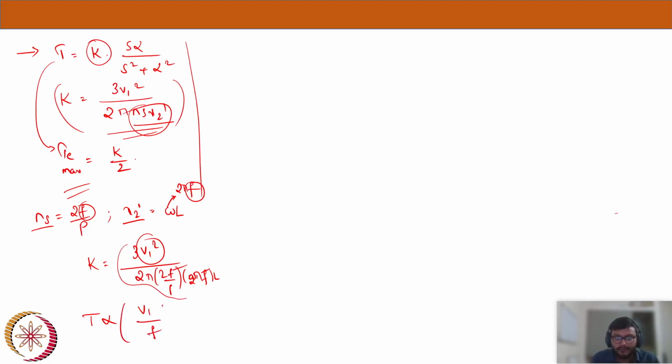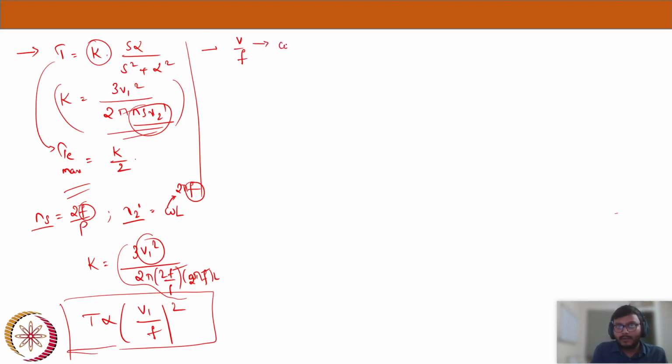So torque is proportional to V1 by f whole square. Now this is a very important relation where our torque depends on the input supply voltage as well as the supply frequency. Now we already know we are keeping V by f constant, right?